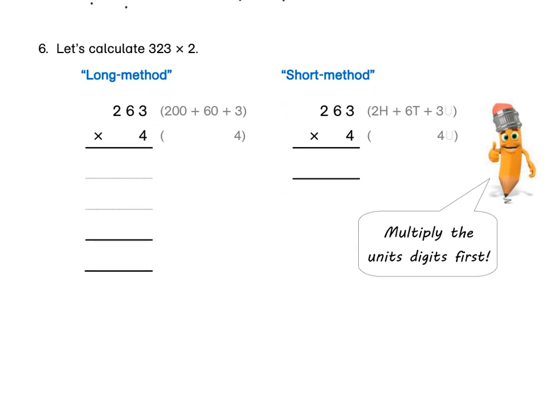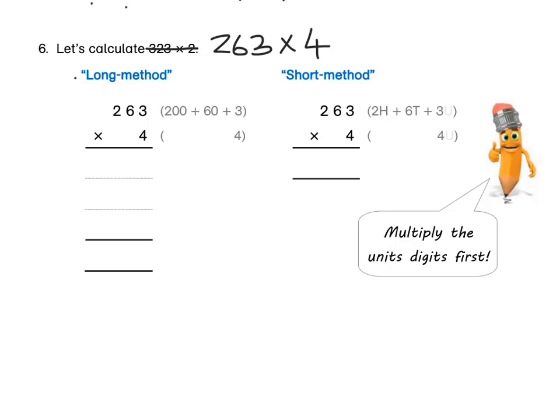So we are now going to calculate 263 times 4. Using the long method, we think of 263 as broken up in expanded form, and we must multiply each part through by 4.